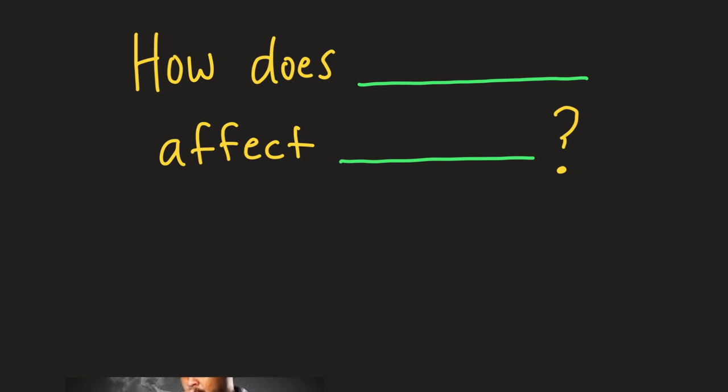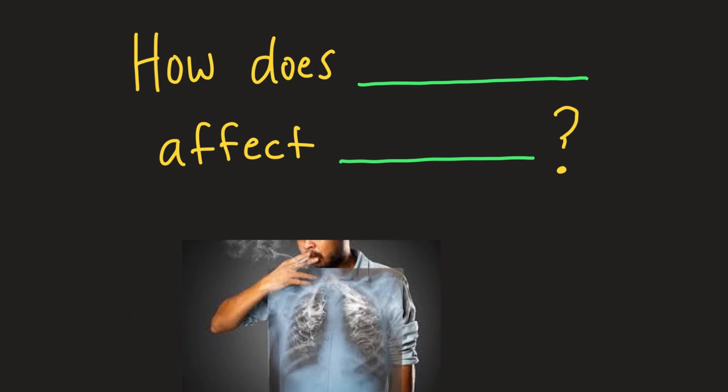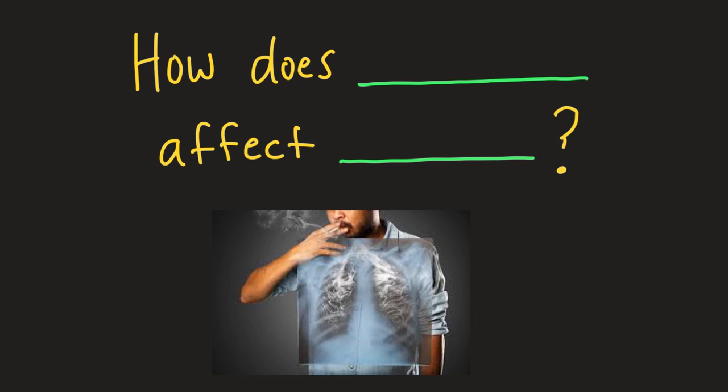Let's use the example of smoking. Lots of people smoke. There's debate over how bad it is for you. So what is a question that we could first come up with just from the observation that people smoke?